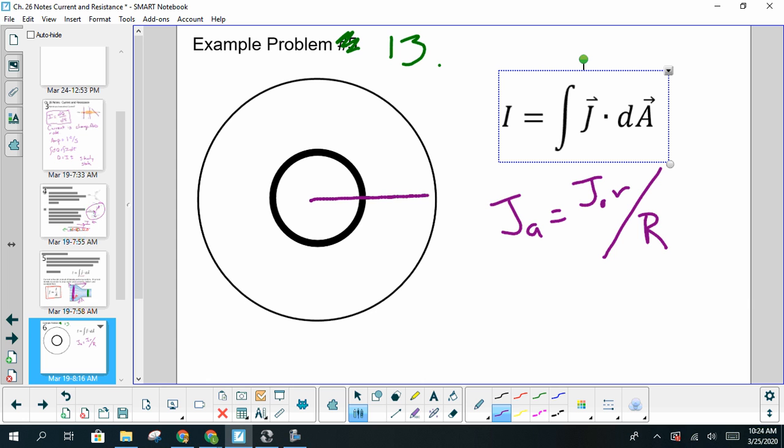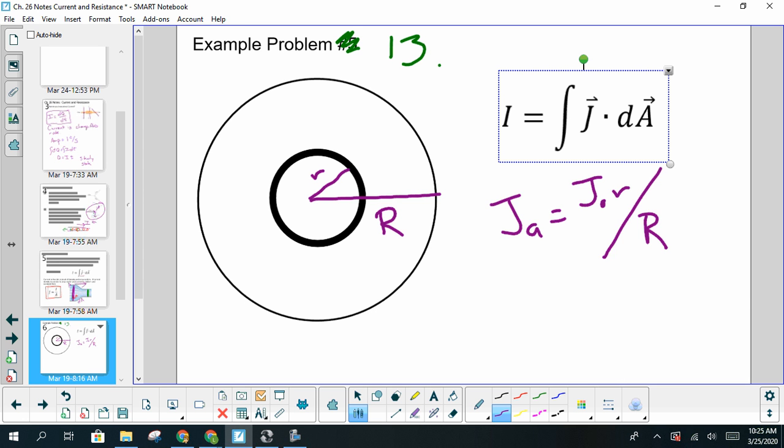From that center all the way out, what you see with those two circles is the cross-sectional area. This radius is our capital R. Our smaller radius, little r, goes from here to that smaller circle that I have drawn in there.